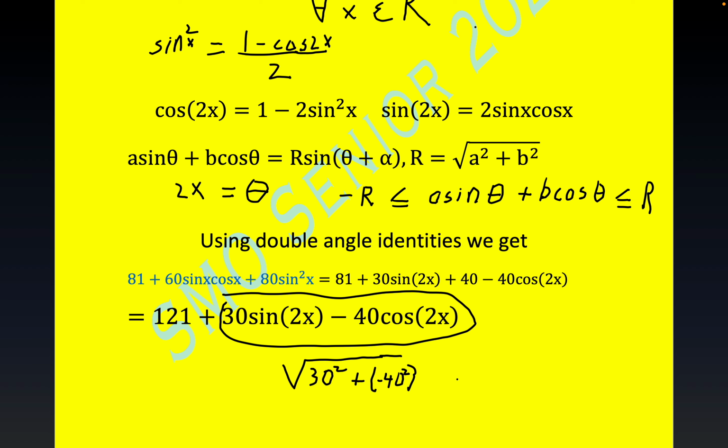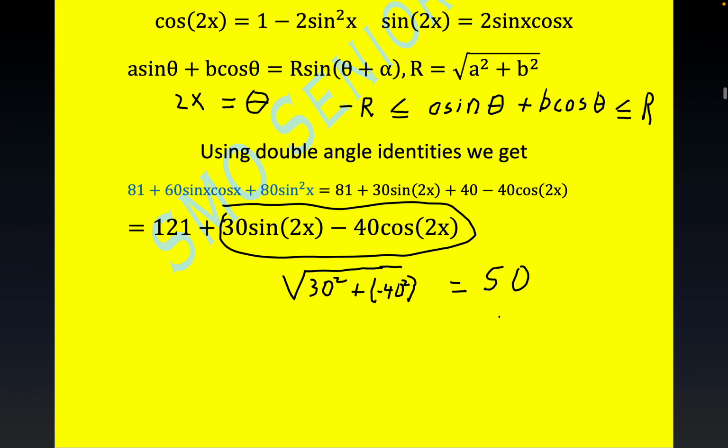Now that is definitely equal to what? 50. So we know that minus 50 is less than or equal to this, and this object is less than or equal to 50.